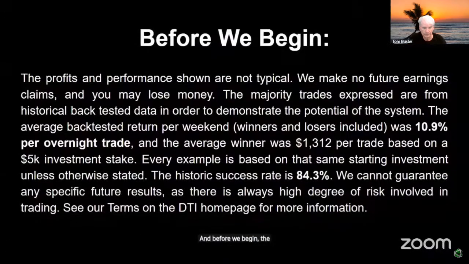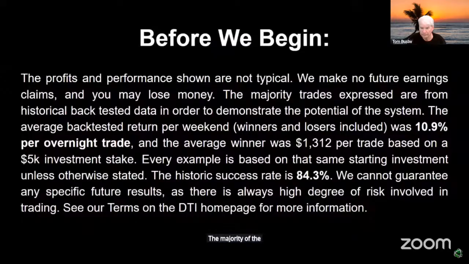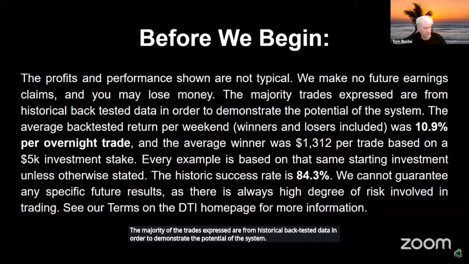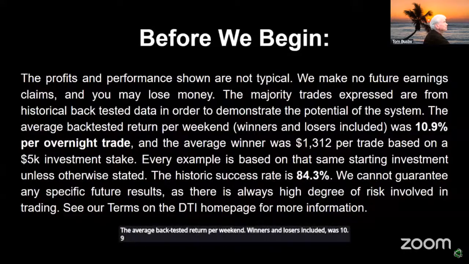Performance shown are not typical. We make no future earnings claims. You may lose money. It's a part of the gig. The majority of the trades expressed are from historical backtested data in order to demonstrate the potential of the system. The average backtested return per weekend, winners and losers included, was 10.9% per overnight trade, and the average winner was $1,312 per trade based on a $5,000 investment.